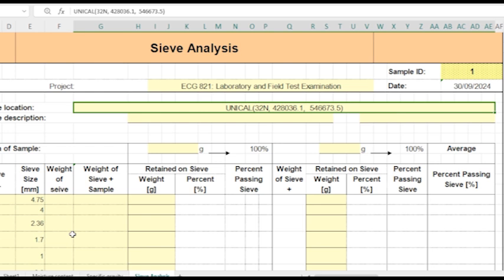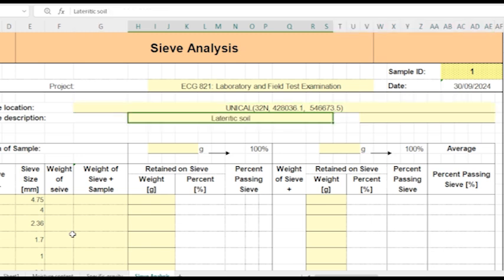That's for the UTM coordinates of the place measured with GPS. Sample description is lateritic soil, clay in nature. Then you measure the weight of sample taken to be measured for 2 different times in grams. By right, it's not supposed to be more than 500 grams to avoid error.